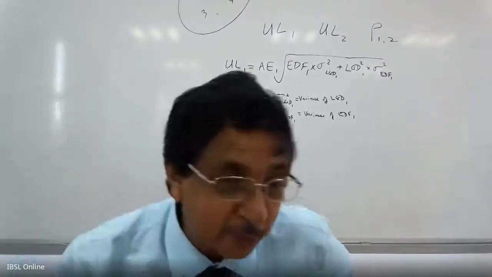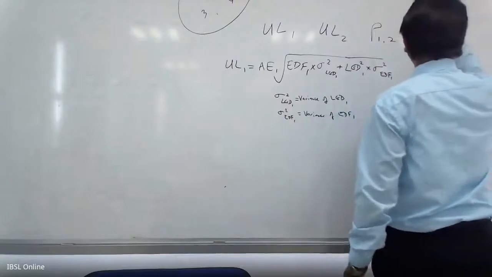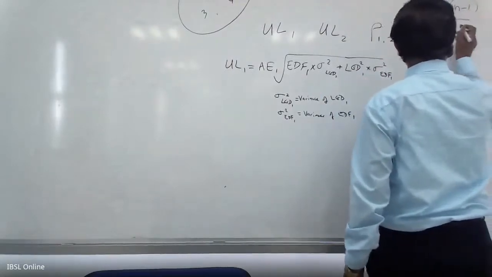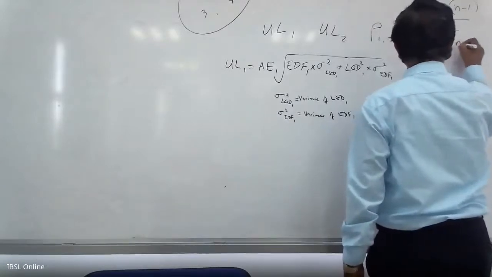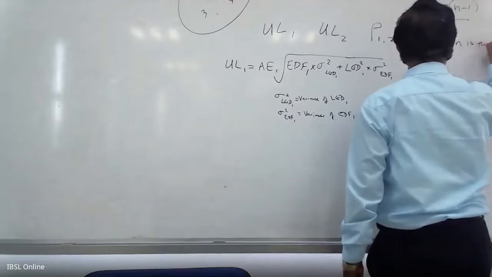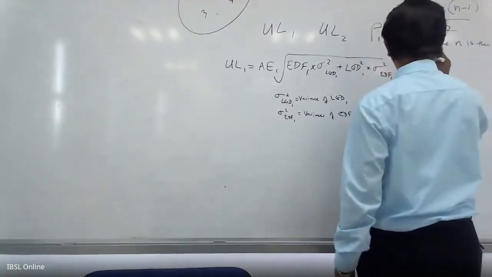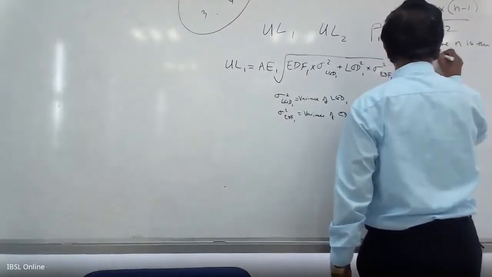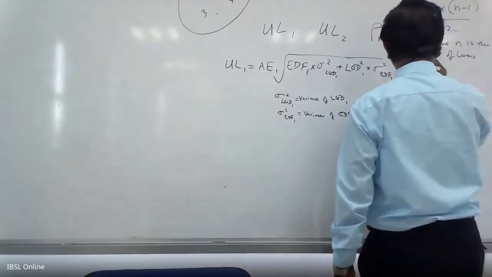I will put the formula on the board. N into n minus 1 divided by 2 is the formula, where n is the number of loans in the portfolio.